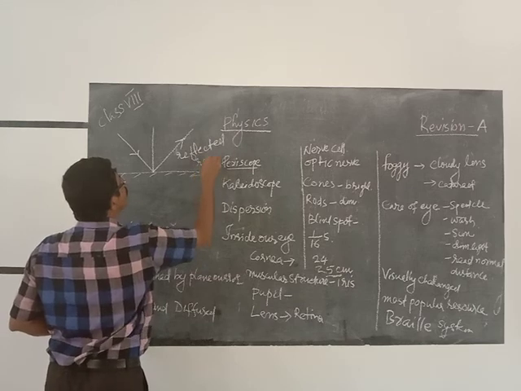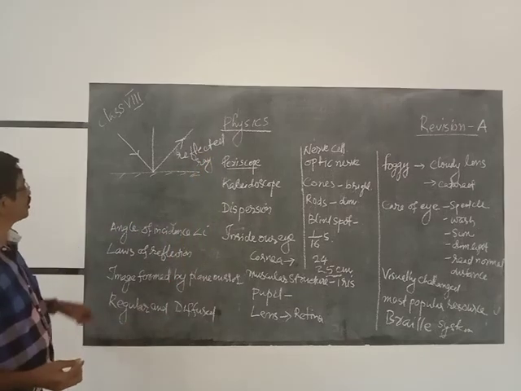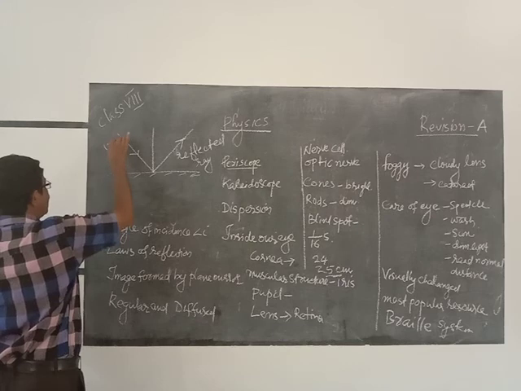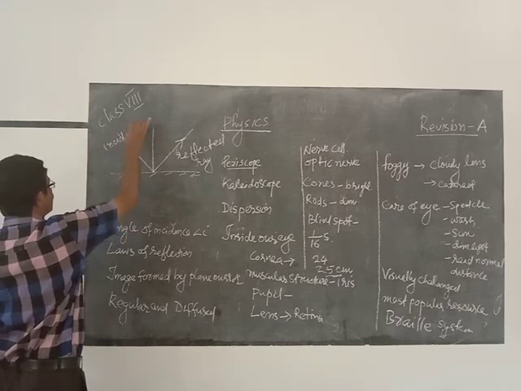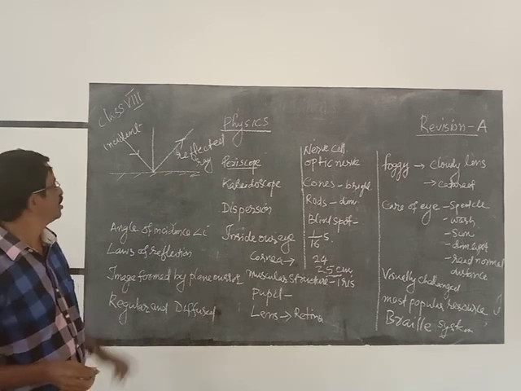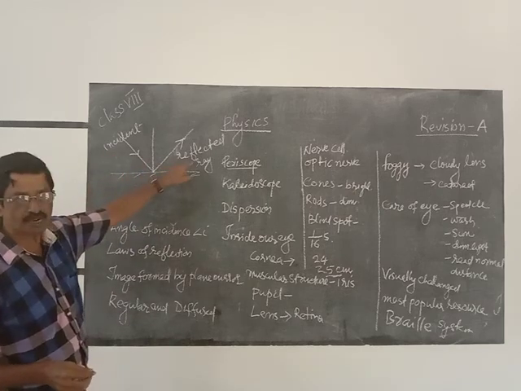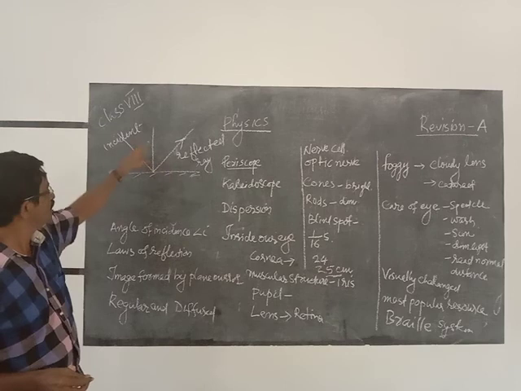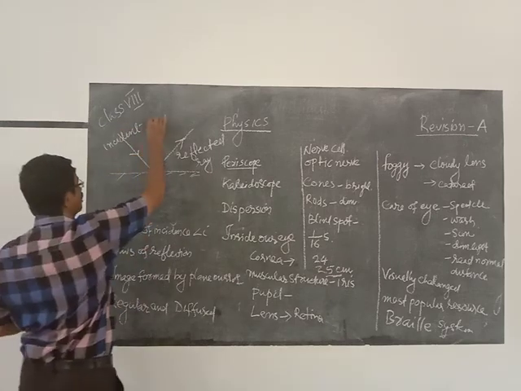Now there are two rays: one is the incident ray and the second one is the reflected ray. See, this is the normal.